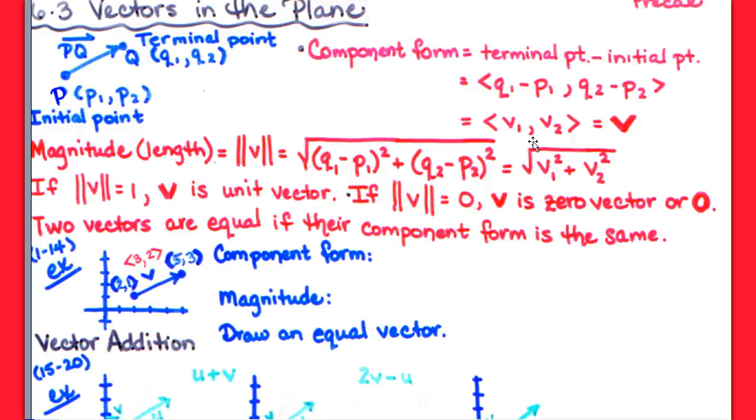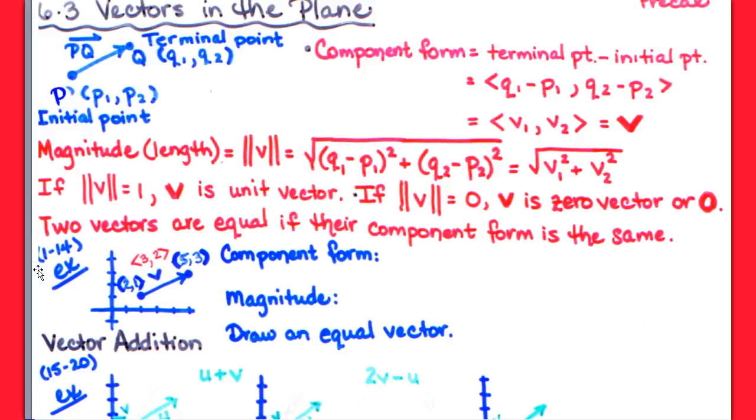So the first example that we want to look at, and again these numbers that you see here in parentheses are the homework problems that correspond with that example. For this first example, we want to look at how to find the component form and the magnitude for this vector.